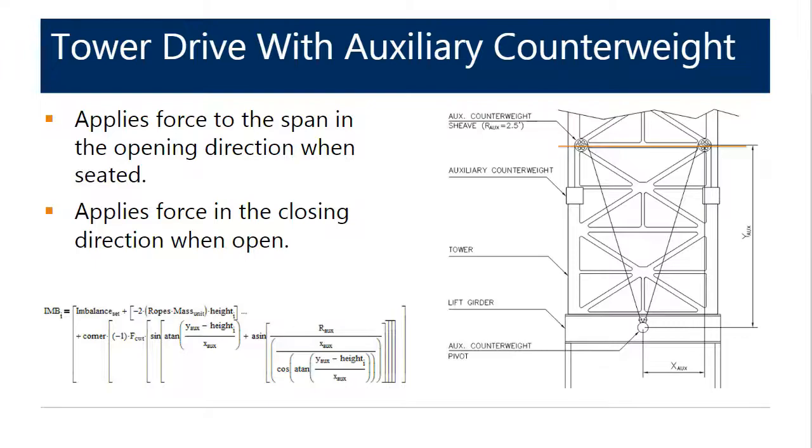Then, as the auxiliary counterweight pivot passes over the orange horizontal line shown here, the force on the lift span changes from the opening direction to the closing direction, and it continually compensates for the balance change of the counterweight ropes for this vertical lift bridge throughout the entire range of motion.